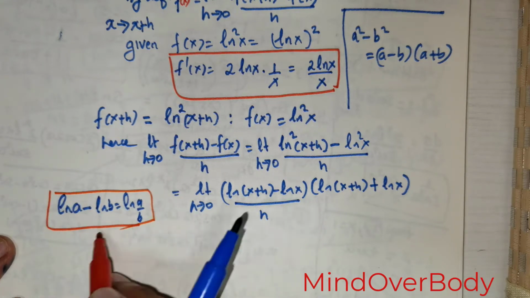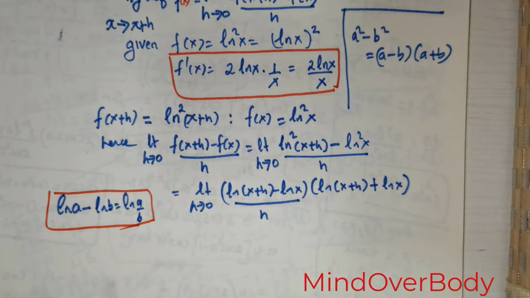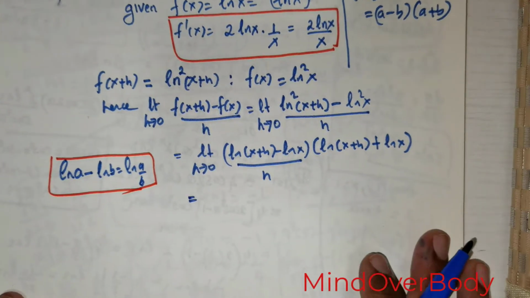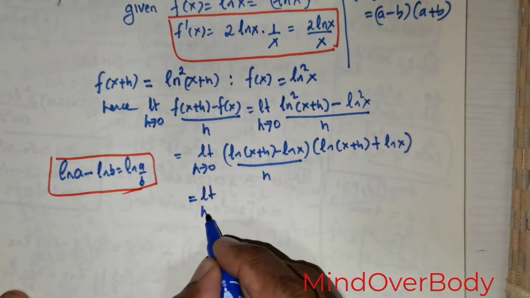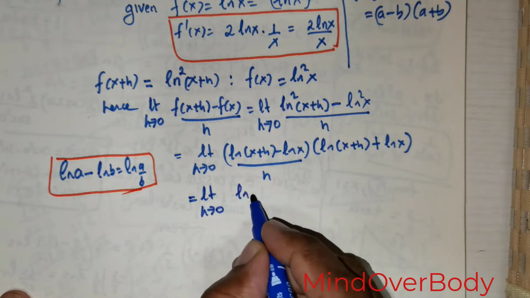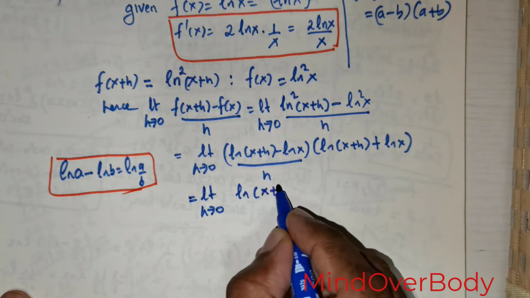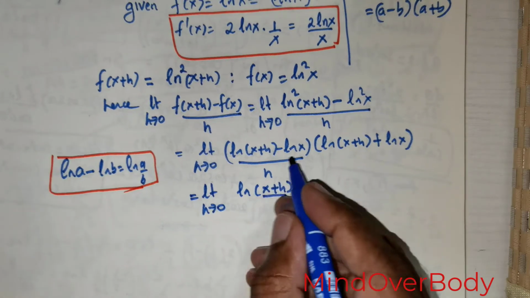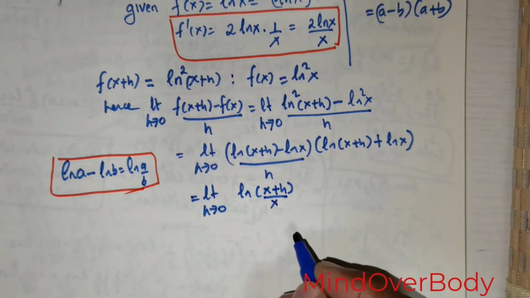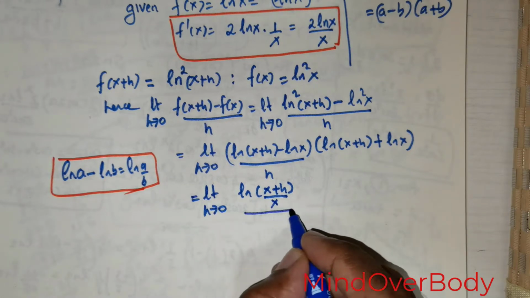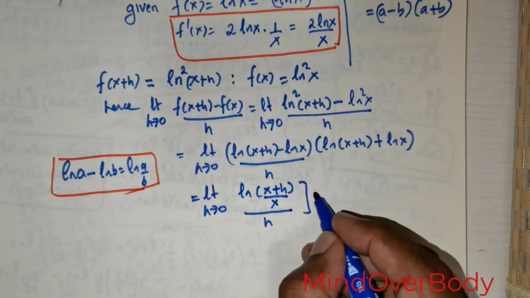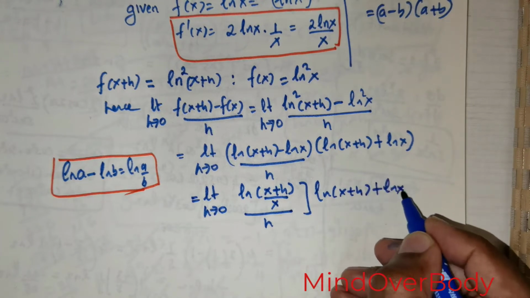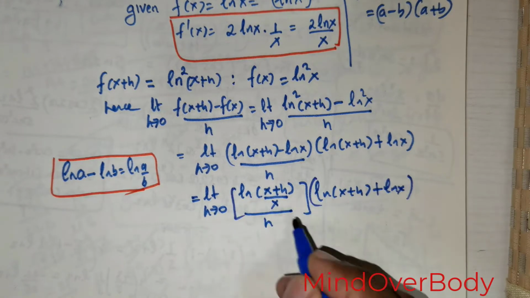So I would be using this over here, so that would give me limit h tending to 0 of ln of x plus h divided by x, and of course I've got this h here. Now that is multiplied with ln of x plus h plus ln of x.